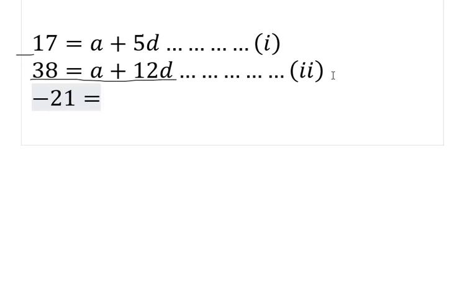We have our equality sign there. A minus A has gone. The next one is 5D minus 12D. That will give us minus 7D, because once a smaller number is subtracted from a bigger number, your result will be negative. So minus 7D.